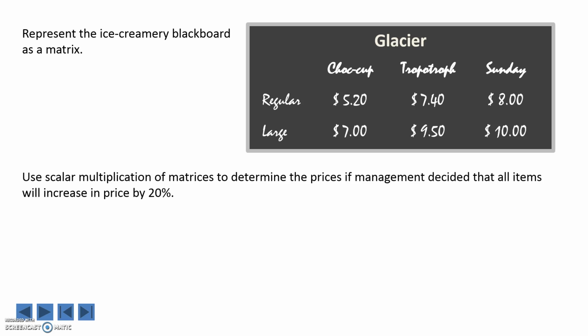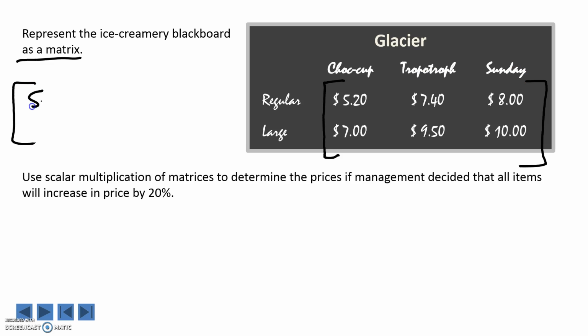The third example we're going to look at is a creamery blackboard. I'm sure you've all seen one similar to this, and we need to represent it as a matrix. If you get a question like this a little bit later, you could already put brackets around that. We've got our regular row and our large row for our chop top, chopper chop, and our Sunday.